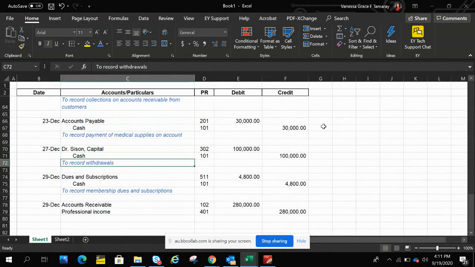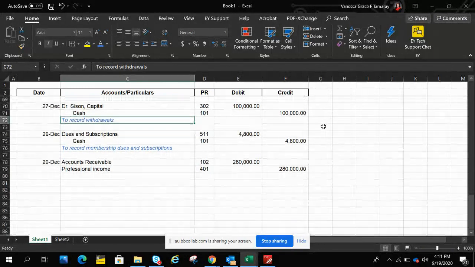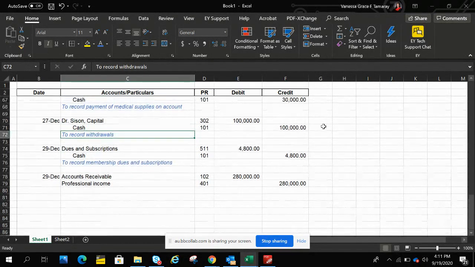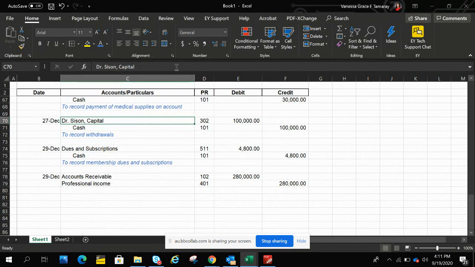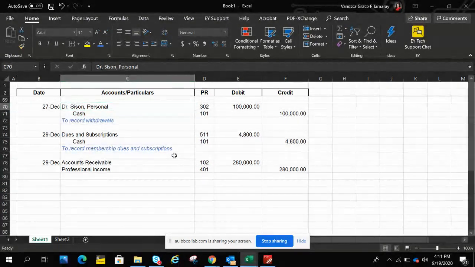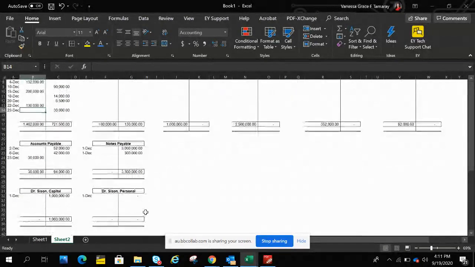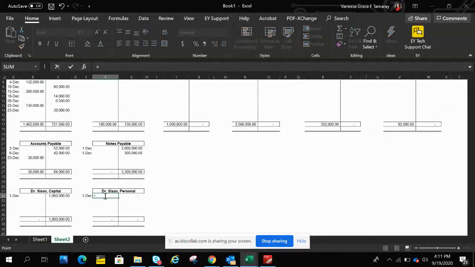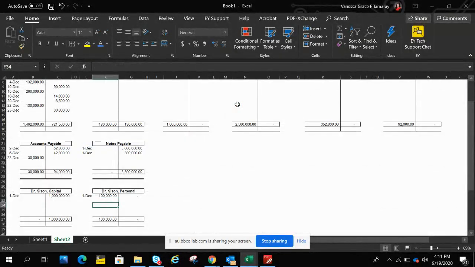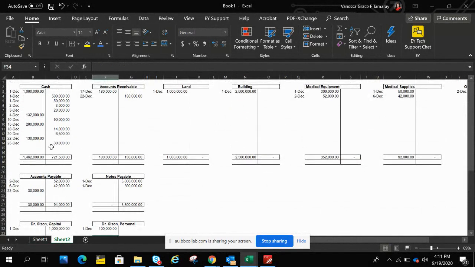And then, December 27, this should be personal. Drawings to, di ba? So, debit Dr. Season personal, credit cash. Debit, saan yung personal natin? Credit, cash.